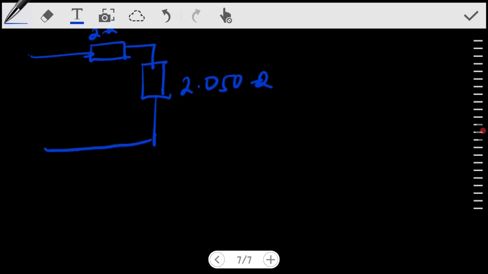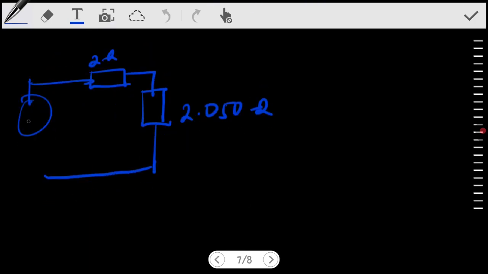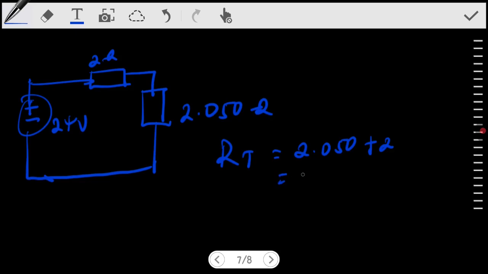Now, here, let's say our voltage source, which was 24 volts, positive, minus here. Now here, the total resistance equals 2.050 plus the 2, giving us 4.050 ohms, right?